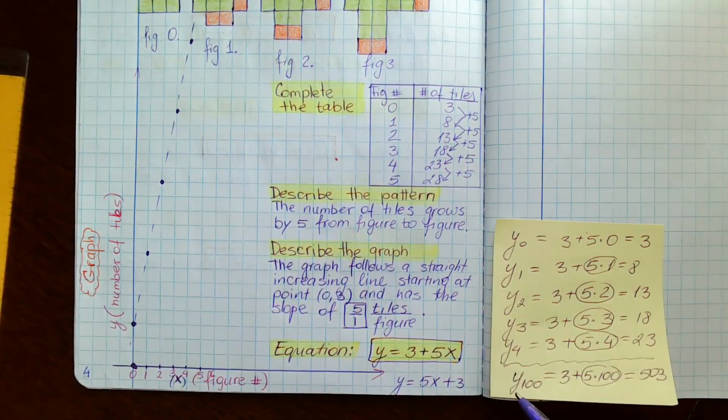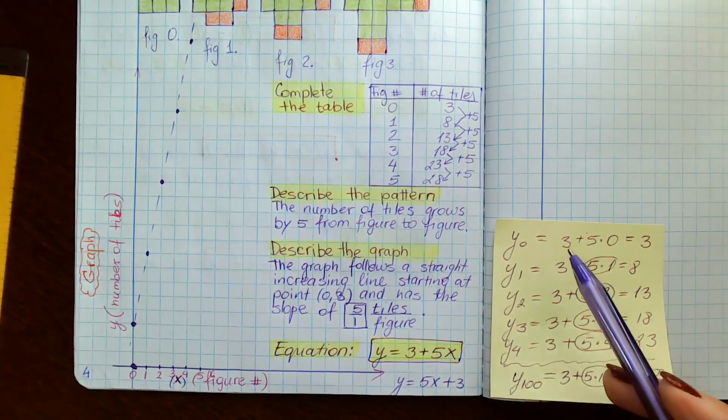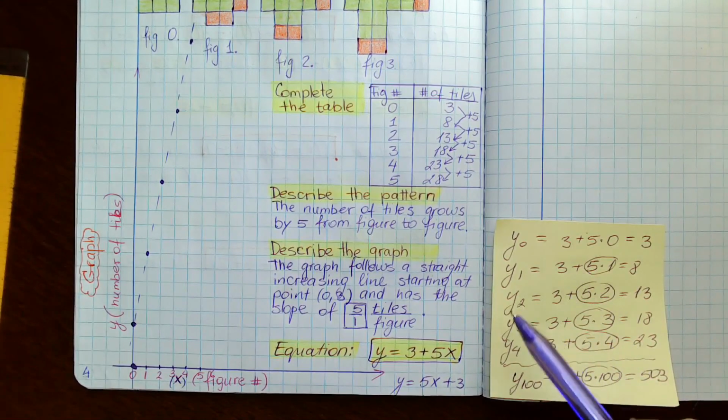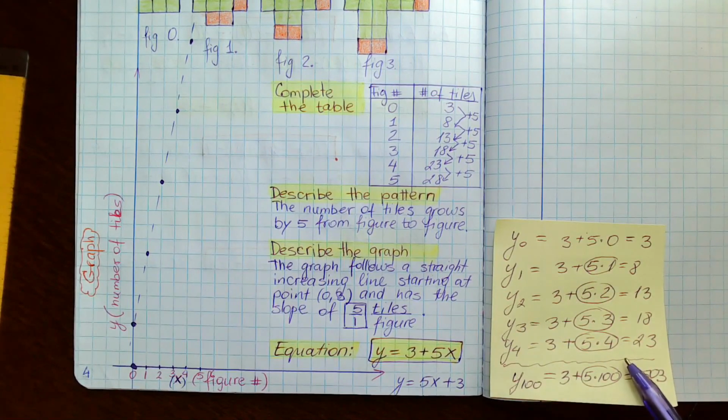So having the equation that works to figure out how many tiles are in each figure using the pattern, you can answer for any figure how many tiles it would be made of.